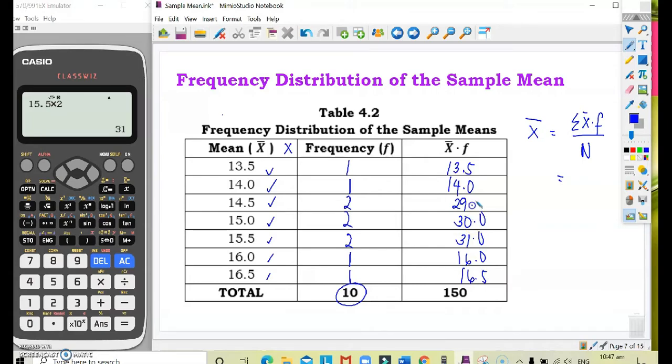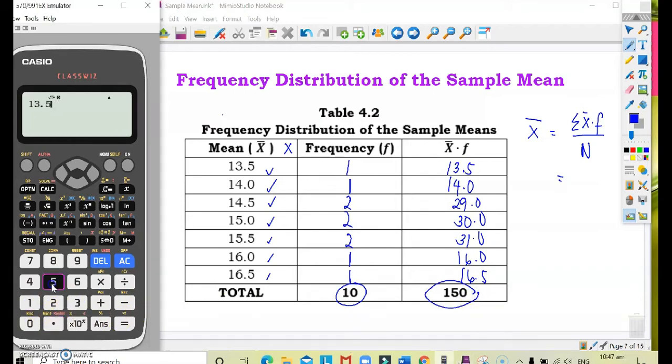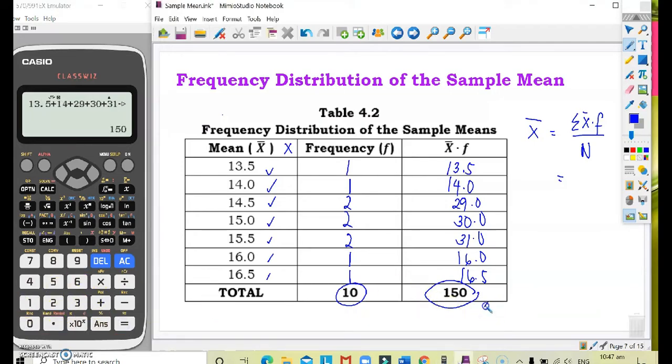So we add everything, that's 150. Let's verify whether it's 150: that's 13.5, plus 14, plus 29, plus 30, plus 31, plus 16, plus 16.5. And the answer is exactly 150.